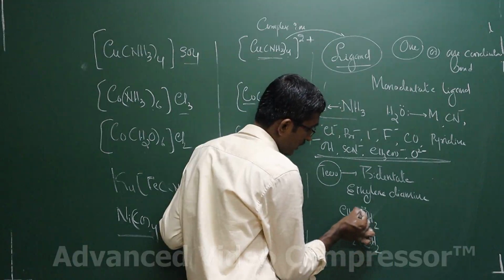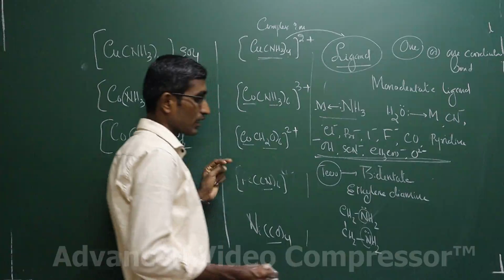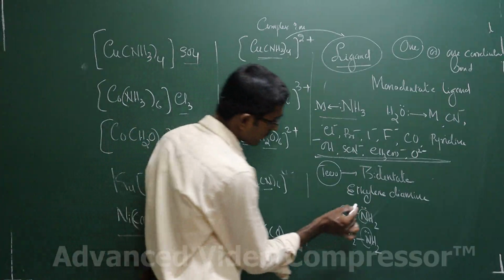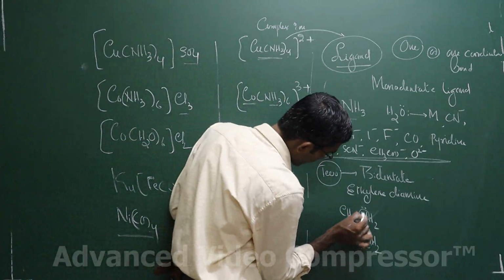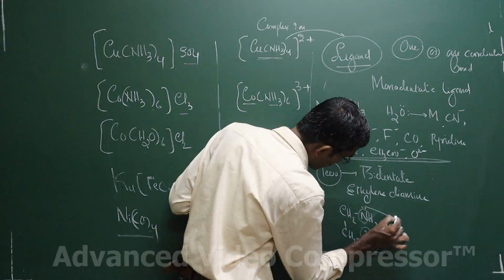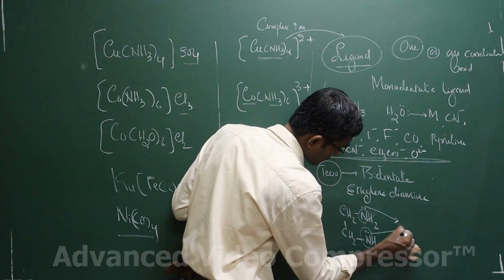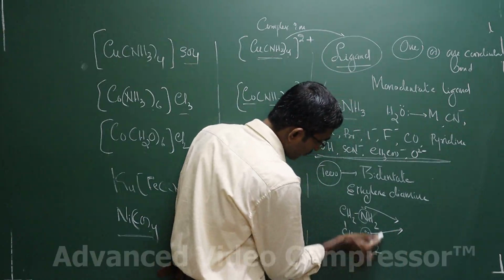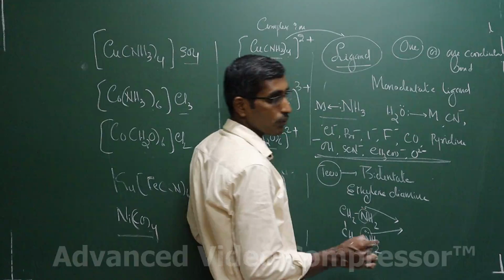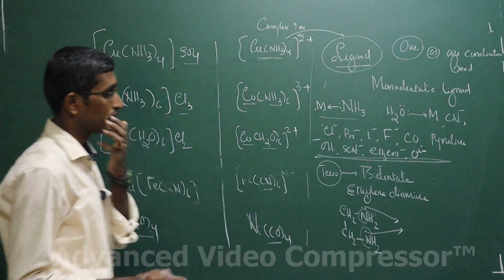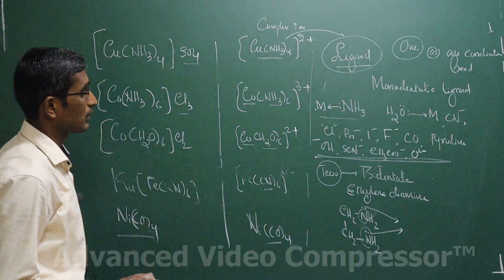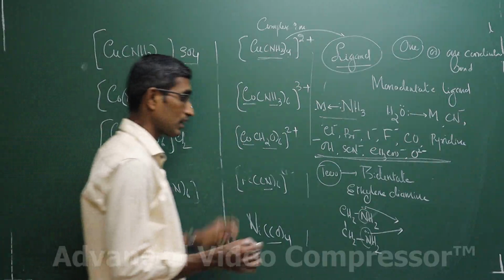How many ligating atoms will be there in a bidentate ligand? There are two ligating atoms. Take a look here. This nitrogen can establish a coordination bond with the central metal ion. This also can establish a coordination bond with the central metal ion. That means one ligand can establish two coordination bonds with the central metal ion. That is what is called a bidentate ligand.